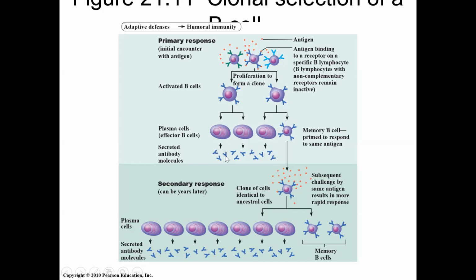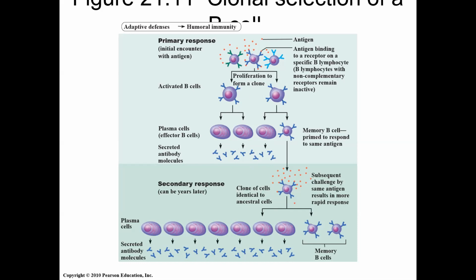These receptors, you can also call them antibodies, or these antibodies, you can also call them receptors. It is the protein, just like these receptors on the surface, but the function of them is they can bind with specific antigen and destroy them.